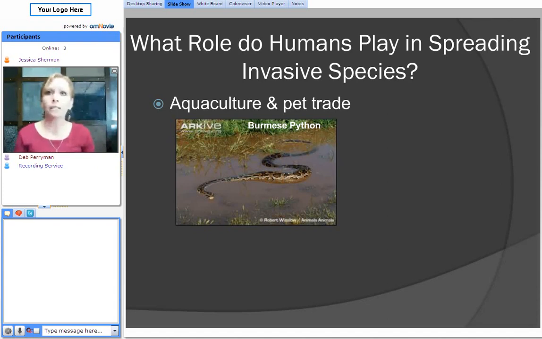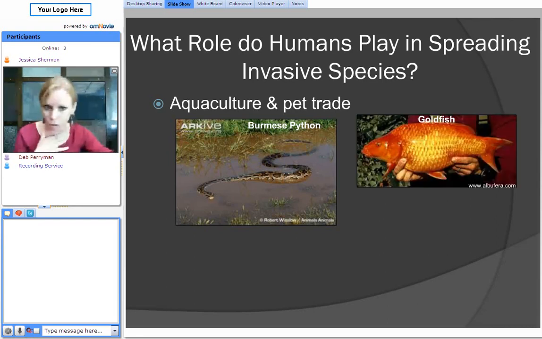And their populations have boomed in the Florida Everglades, and they eat a lot of bird eggs and native reptiles and amphibians, so they'll eat turtles and they'll eat lizards, and in a lot of cases they'll eat crocodiles. They'll also eat small pets. So because of being released from people who no longer wanted these pets, their populations have become out of control.